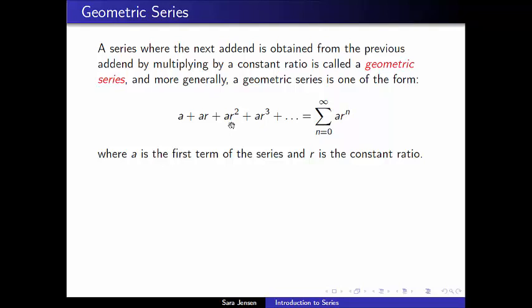Our third addend is r times the second value. Our fourth addend is r times the third value, and so on. And so if you were to write this series in its expanded form, in its sigma notation, starting at n equals 0, you would have a series of this form: first term times the common ratio raised to the nth power.